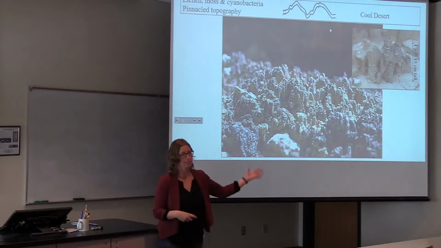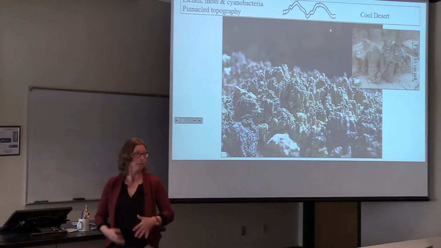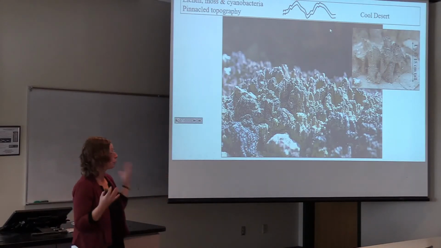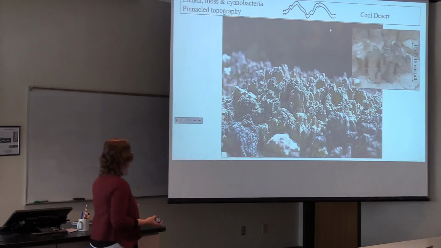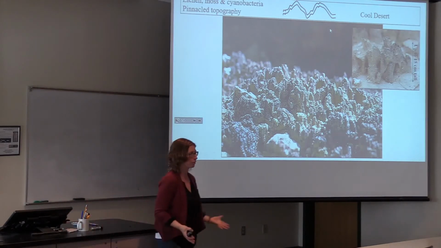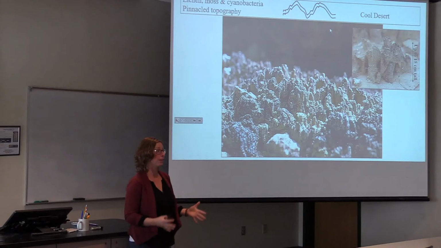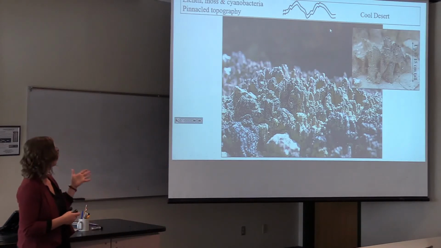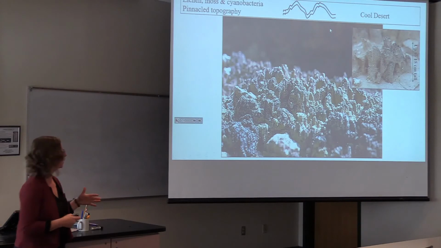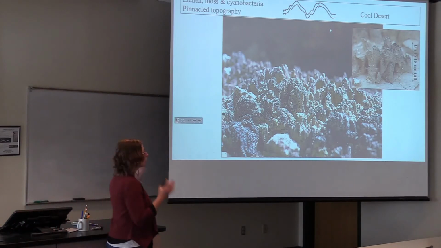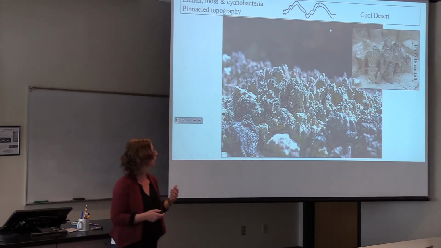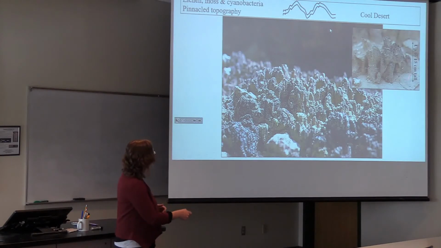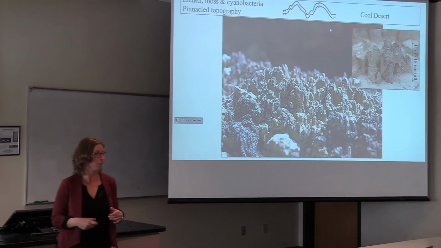Switching from arid deserts to cold deserts, the big change is the freezing temperatures. And so those freezing temperatures, of course, give us frost heaving in the soil. And we get also more lichen and moss in these biocrusts, and we get these pinnacled topographies. They're really quite spectacular, and the pinnacles can actually be up to 15 centimeters tall.